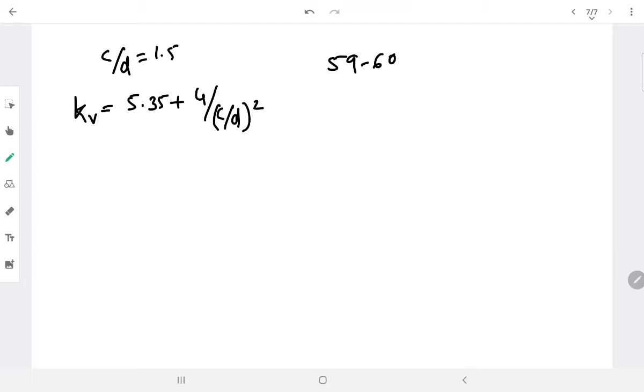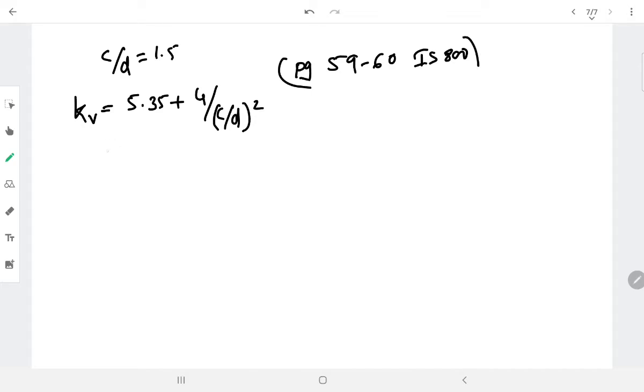When c by d equals 1.5, we need to calculate the kv value, that is 5.35 plus 4 divided by (c by d) whole square. You will find all this on page numbers 59 and 60 of IS 800, just check these.